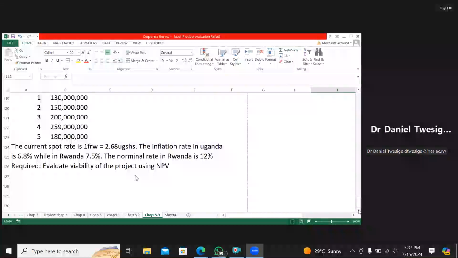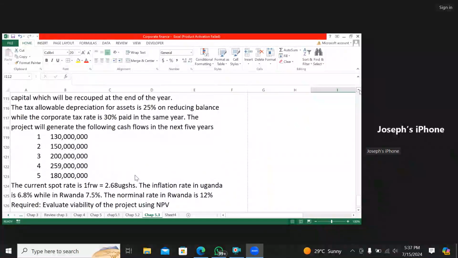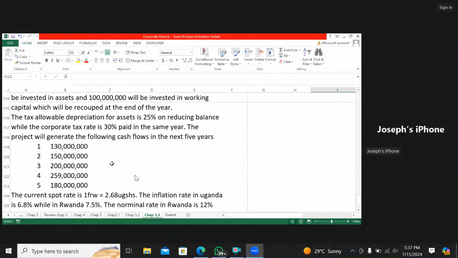Can you show us which data indicates that we should use it? Because we have inflation in Rwanda and inflation in Uganda, automatically that tells you that you are supposed to use purchasing power parity to get the forward rate.